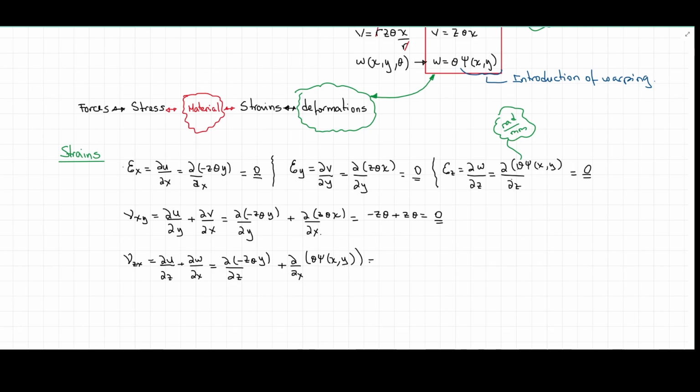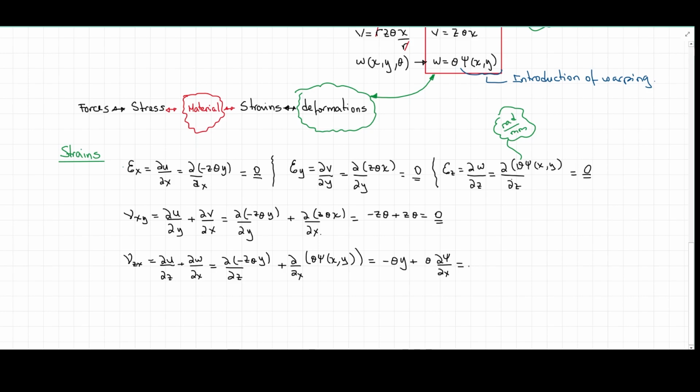Then if I continue operating with this, I can partially differentiate the first term, and that's going to be minus theta y. And the second one is going to be theta multiplied by the partial derivative of this psi function with respect to x. I will write it just like that. I don't actually know what the psi function is there.